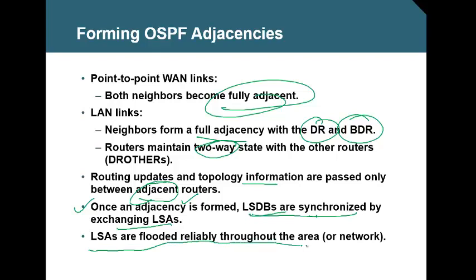I said within an area you will have a redundant database, because within an area you will have LSAs flooded everywhere to all the routers. But between the areas you will not see all LSAs going to everyone. More detail will come later, but keep looking for these things in coming classes.